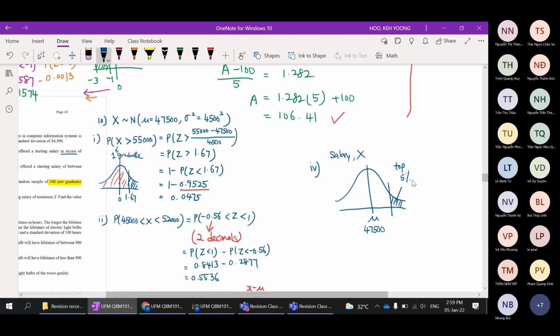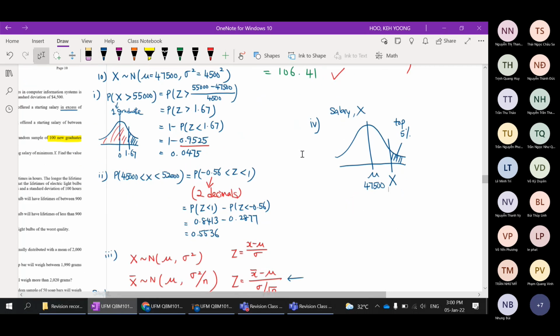They have a salary more than the other 95%. You want to find this X value. This is the minimum salary for the top 5%. It could be, let's say, 50,000, or 51,000, 52,000, and so on, as long as it's more than 50,000. So we're going to find this X value.